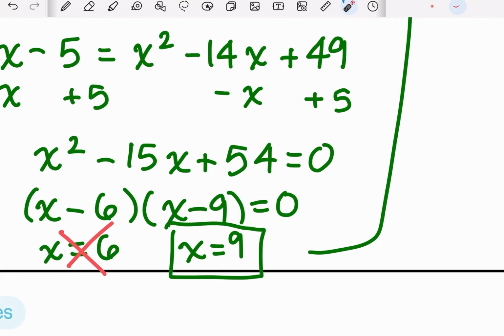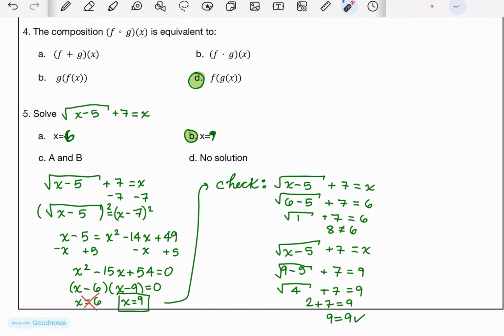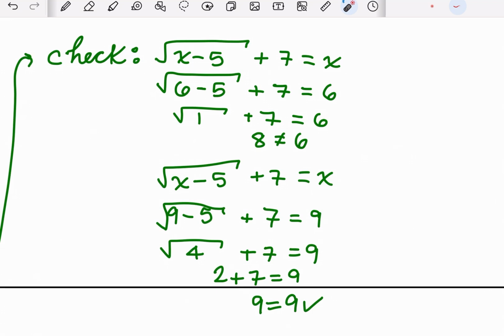And then you have to check for extraneous solutions. Extraneous solutions are solutions that arise in these problems, but when you plug them back into the original problem, it doesn't work. Because when you're squaring both sides here, you're creating new problems. So you have to check with radical equations. Here's my check, and you can see I plugged it into both original equations.